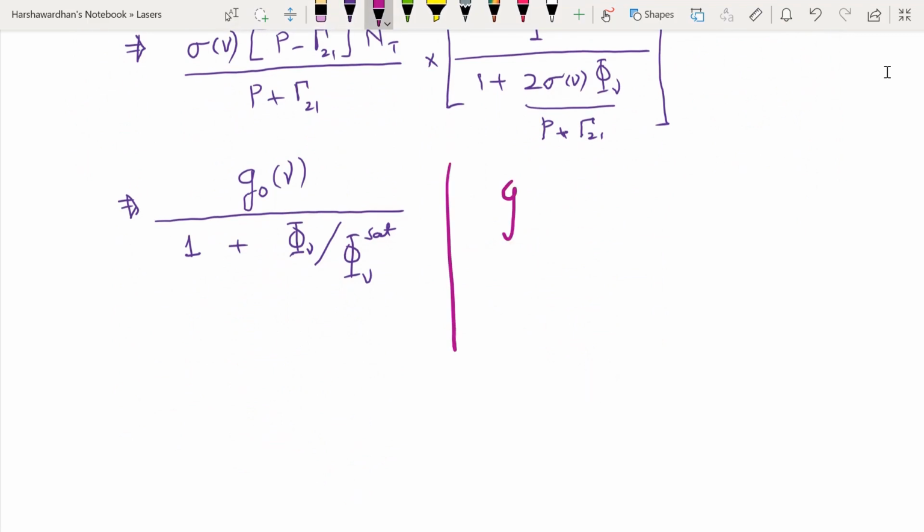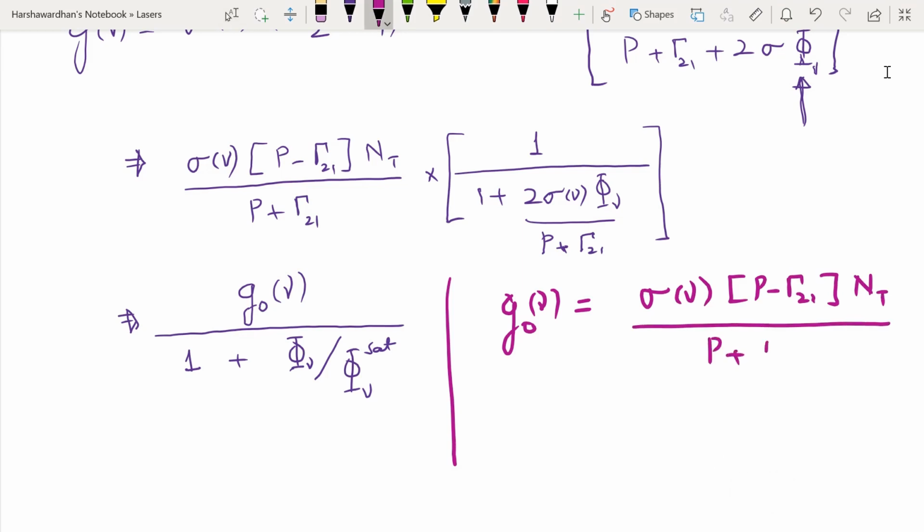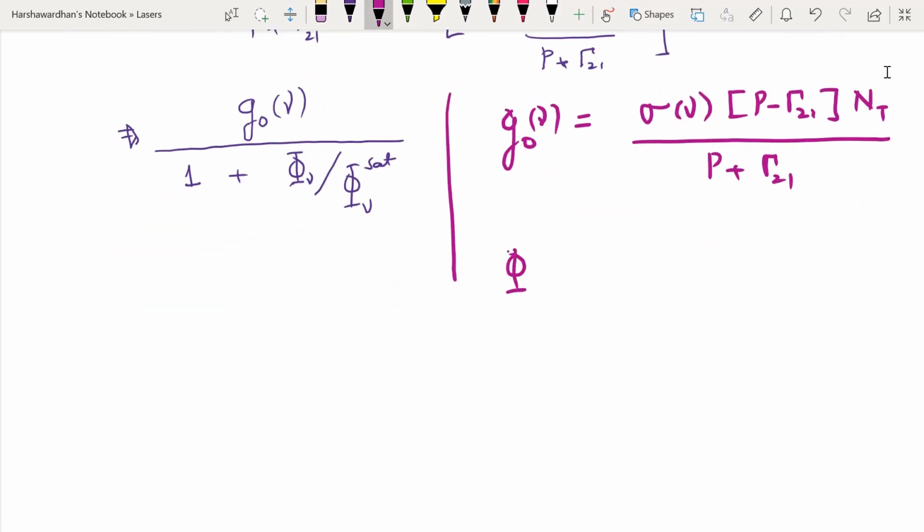I've used the definition that my G naught of nu is simply this prefactor which I had written down here. That is sigma nu P minus gamma 21 times N total divided by P plus gamma 21. And the phi nu saturation, which is another parameter, is simply this other denominator, which is P plus gamma 21 divided by twice sigma nu.